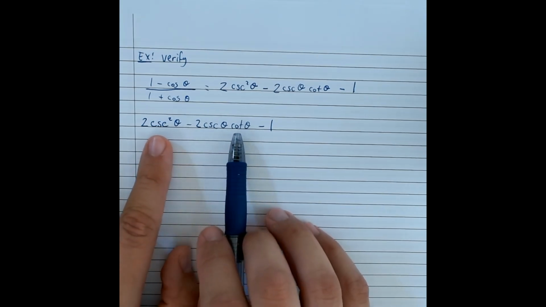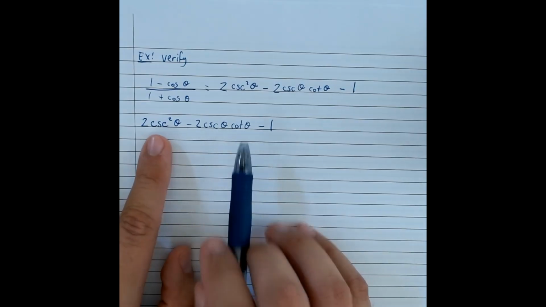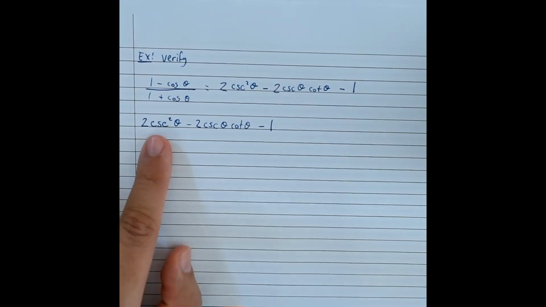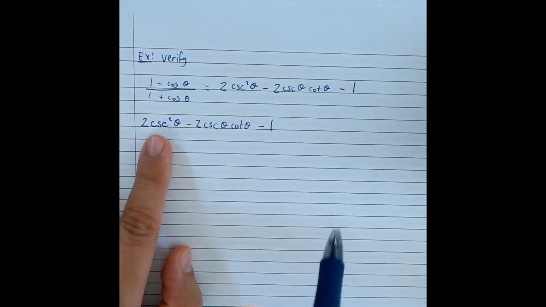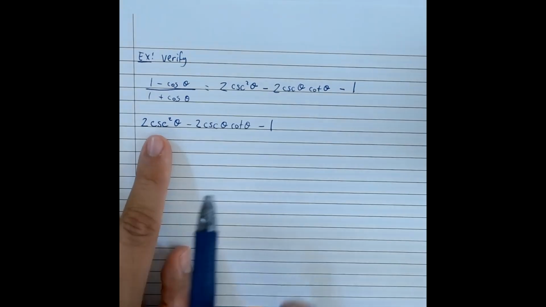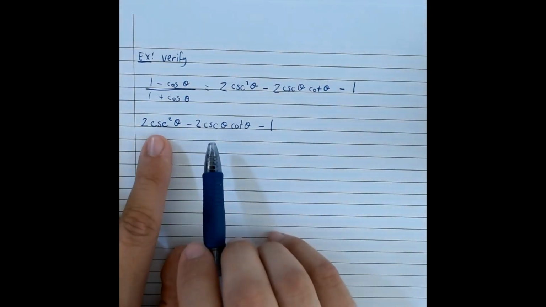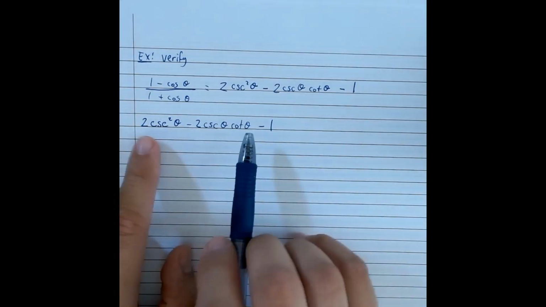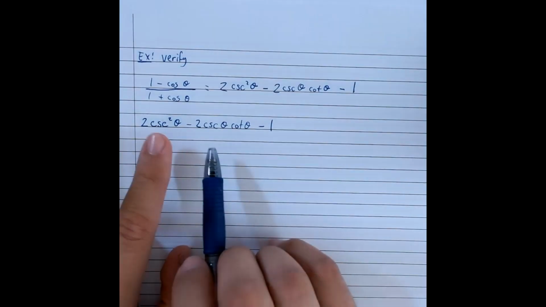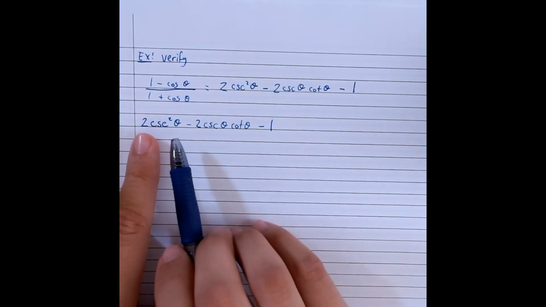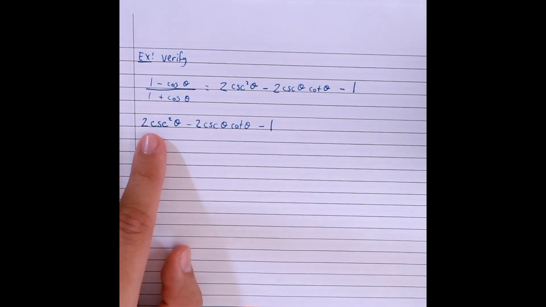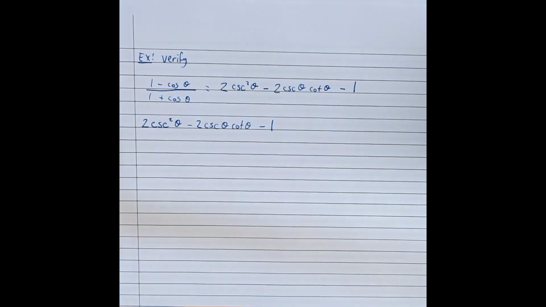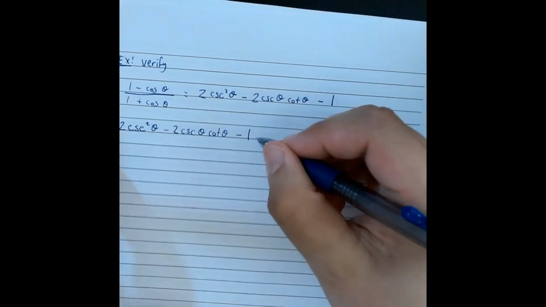One thing that is useful is at the very beginning, if no identity immediately jumps out at you, and you don't immediately see any arithmetic that you can try, one thing you might try is rewriting everything in terms of another trig function. After all, every trig function can be rewritten in terms of another one, and in particular, sine and cosine is easy to use compared to any other.